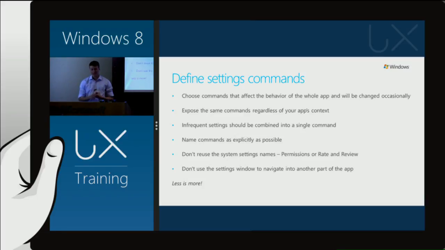Other things to think through are, don't use existing system settings names. You'll see things like rate and review on there automatically populated by the system that will allow the user to go to the store and rate the application, and permissions around notifications and such. We don't recommend using those names just because it creates a lot of confusion.